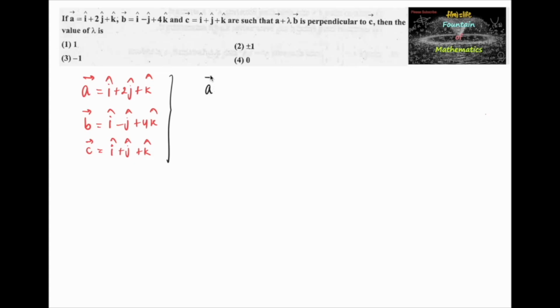Given a vector A is equal to i cap plus 2j cap plus k cap and vector B is equal to i cap minus j cap plus 4k cap and vector C is equal to i cap plus j cap plus k cap, such that vector A plus lambda times vector B is perpendicular to vector C, so that we can say the dot product is 0.